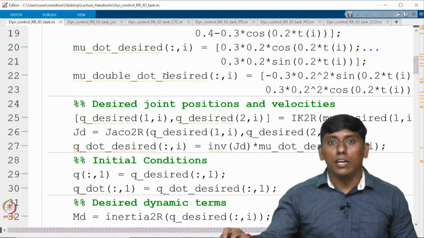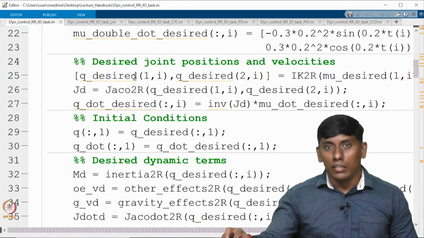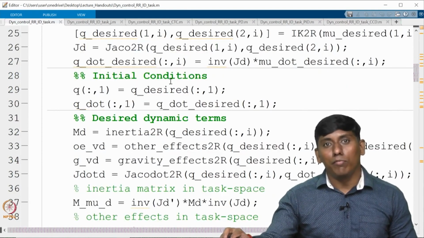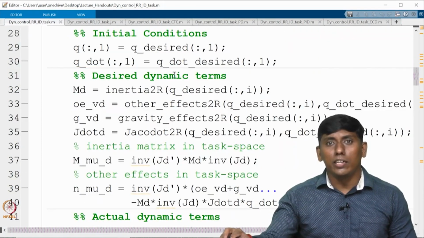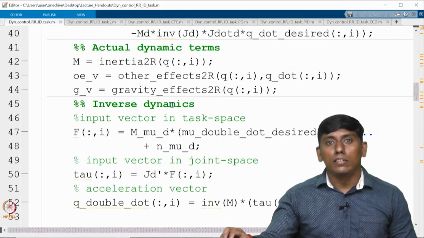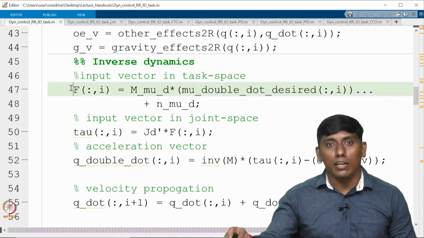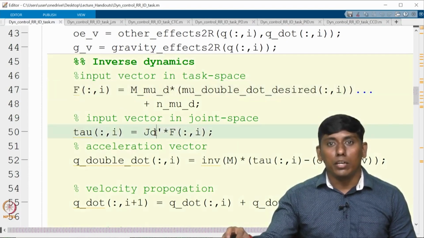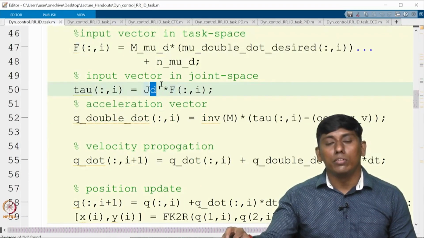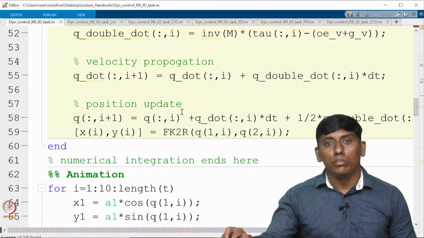Now this is the desired value, and this is the joint desired value just for our reference, this is the initial condition, and this is the dynamics. So we have derived the actual and desired dynamics. Then this is the inverse dynamics, which is based on known values, and then you can calculate the force. Based on that you calculate tau based on J desired transpose F.